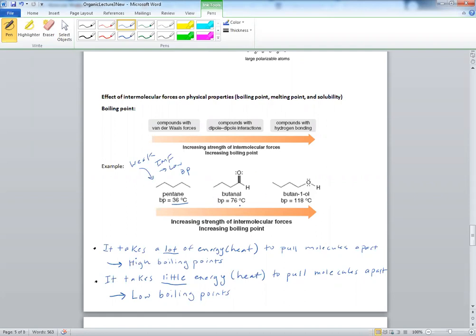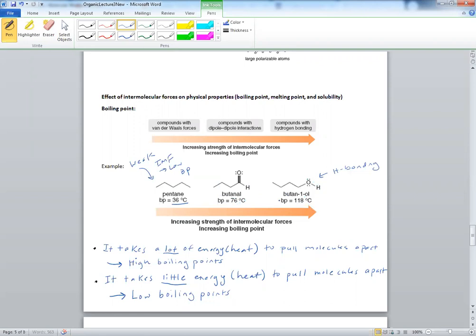As you go to the next one, which is a dipole-dipole interaction, you have butanal, which is an aldehyde. The boiling point jumps to 76 degrees Celsius. Again, you need more heat to pull these molecules apart. And then finally, when you get to alcohol, which has hydrogen bonding, notice the OH, the boiling point jumps to 118 degrees Celsius.